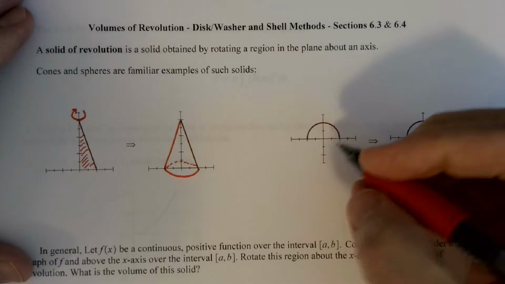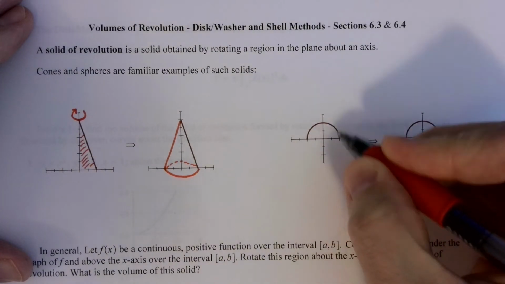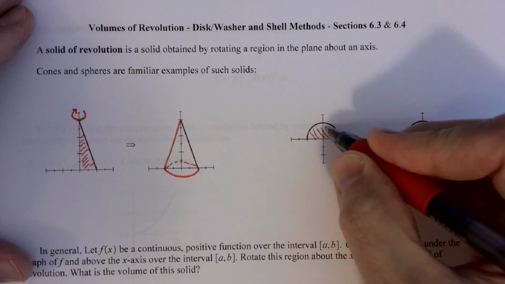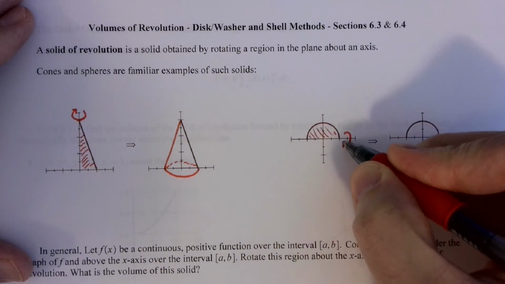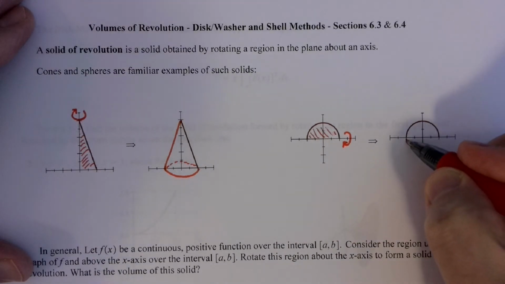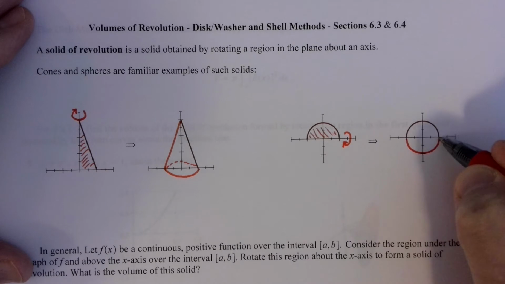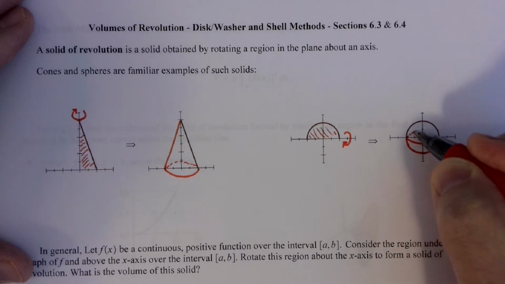We have a cone. A sphere can be formed by taking the top half of a circle. So let's take this region here and let's rotate it, say, about the x-axis, right? Then what shape are we going to get? We're going to get a sphere, right? It's going to come out towards us, all right?